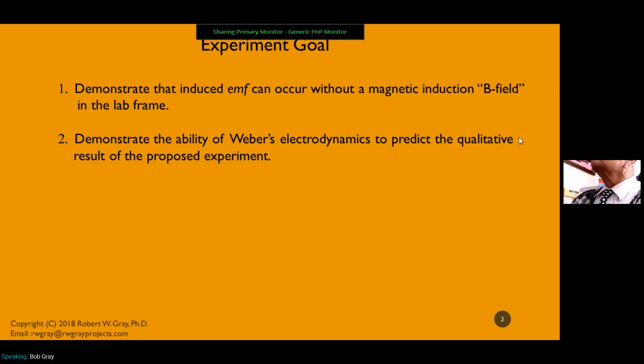The goal is to demonstrate that induced EMF can occur without a magnetic induction B field in the lab frame. No magnetic field whatsoever, and you can still get an induced EMF. Second goal, demonstrate the ability of Weber's electrodynamics to predict qualitatively the results of the proposed experiment.